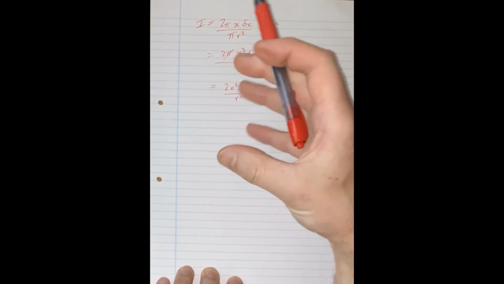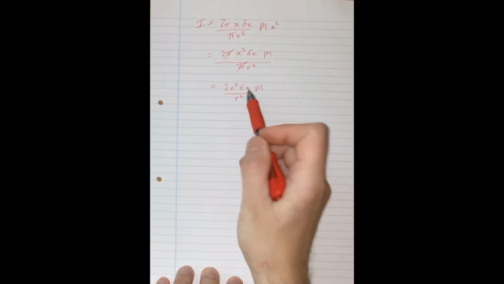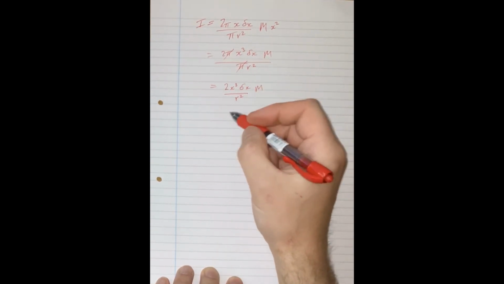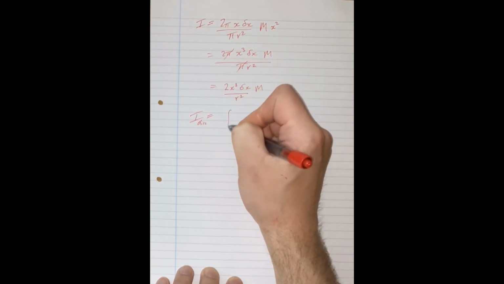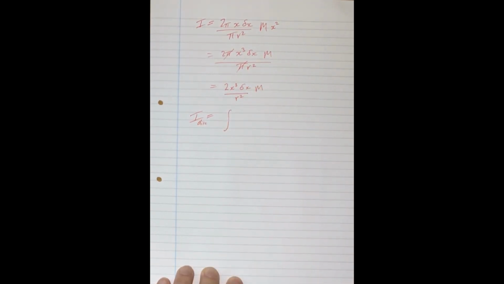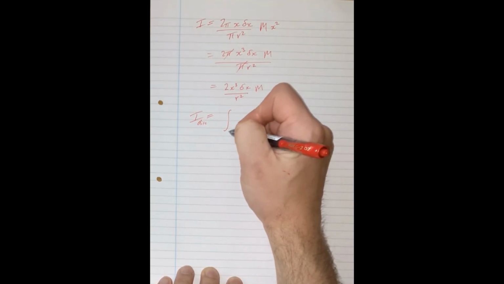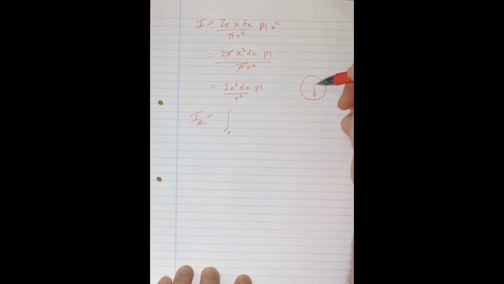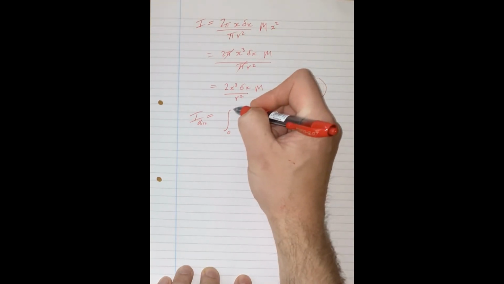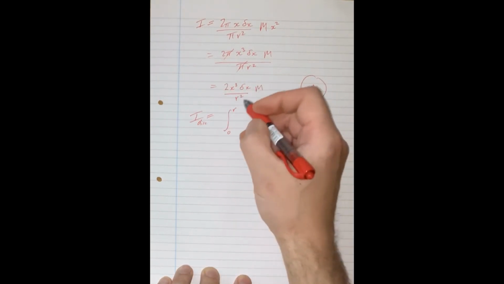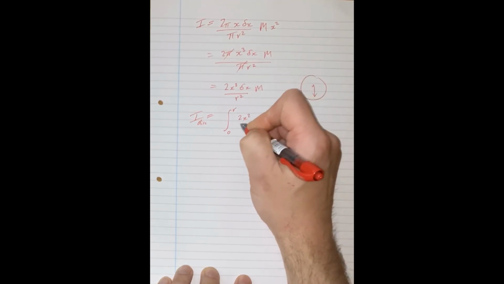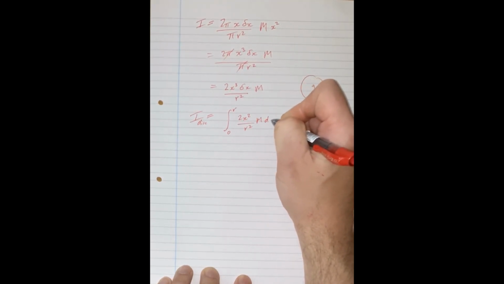And so this is thinking about the moment of inertia of just that small amount of mass. But what we want to do to find the entire moment of inertia of the disk is integrate all of these little bits of mass with respect to the distance x. So, going back to our disk of radius r, we want to integrate from 0 up to r, turning it into an integral, infinitesimally with respect to x.